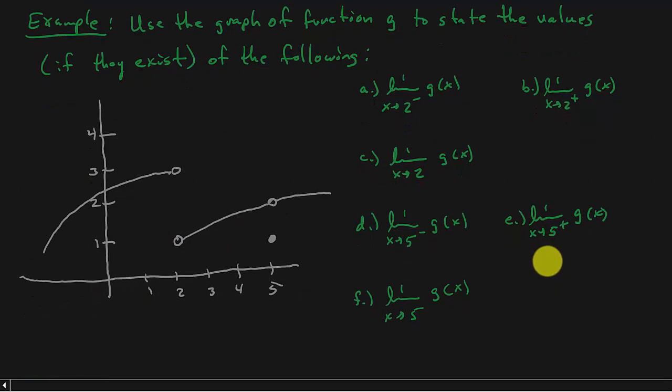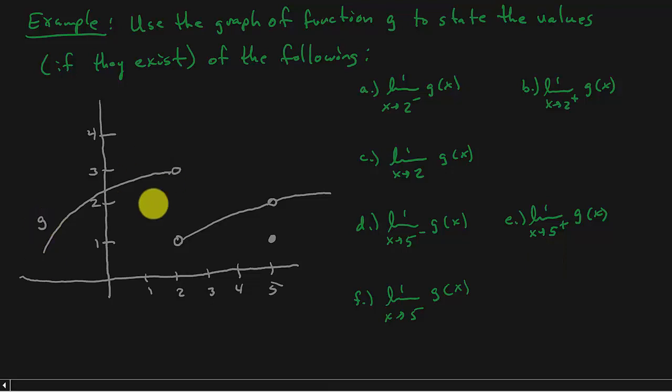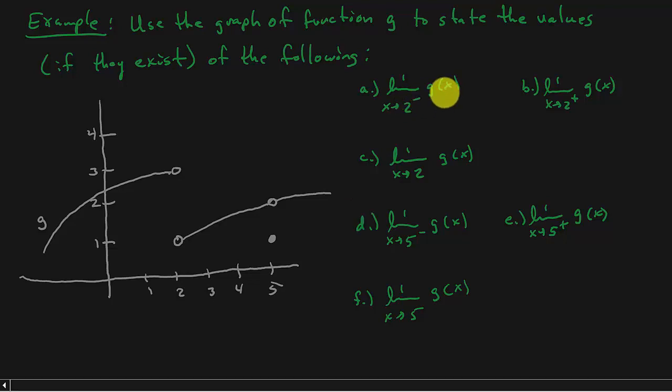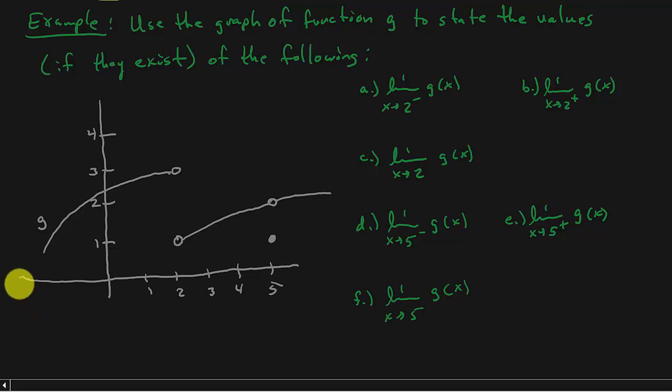All right, so for this one, it says, use the graph of function g, and I did not write that, but this whole graph here is function g, to state the values, if they exist, of the following. All right, so we want the limit of g of x as x approaches 2 from the left-hand side. Okay, so here I'm coming into 2 from the left-hand side.